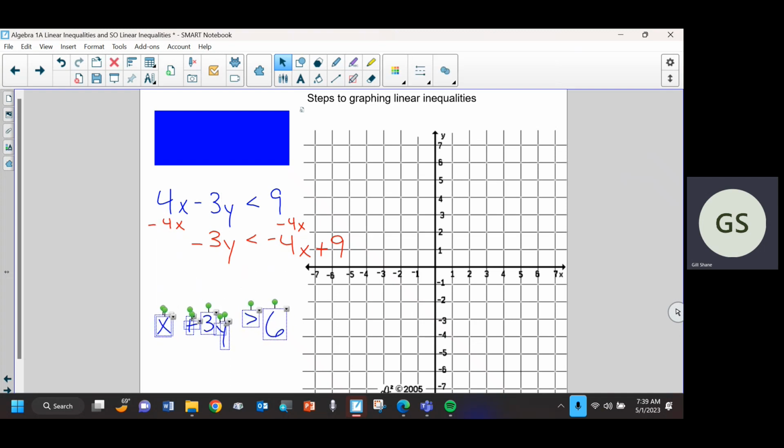And this is where we have to be a little bit careful because the one difference in solving an inequality versus solving an equation is when we divide by a negative or multiply by a negative, but we don't really ever have to work with that. So here we're dividing by -3 to get rid of it, just like we would in a normal equation. And when we divide by -3, we have to divide both of these by -3.